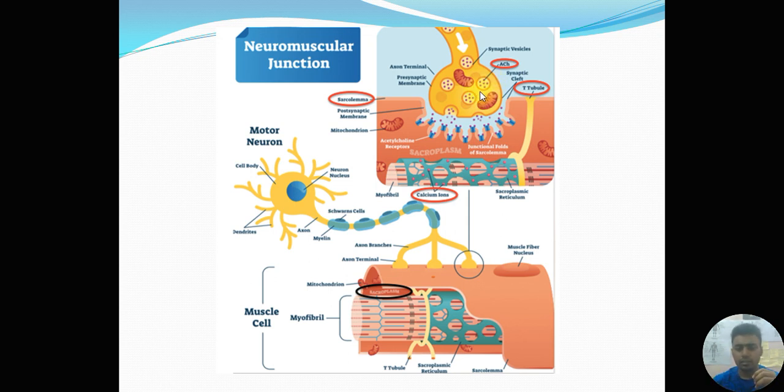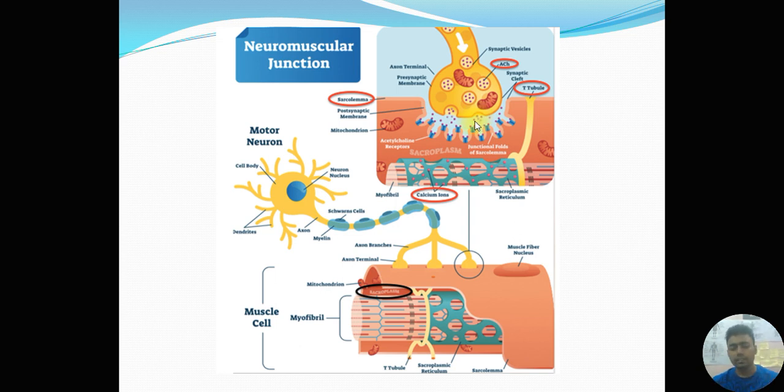When the muscle is at rest, it stores ACH here. But when the signal comes from the brain that you need to contract now, that signal comes here and triggers the synaptic vesicles to release the ACH into the synaptic cleft. This vacant area you can see is called the synaptic cleft. So the synaptic vesicles come here and release the ACH here.